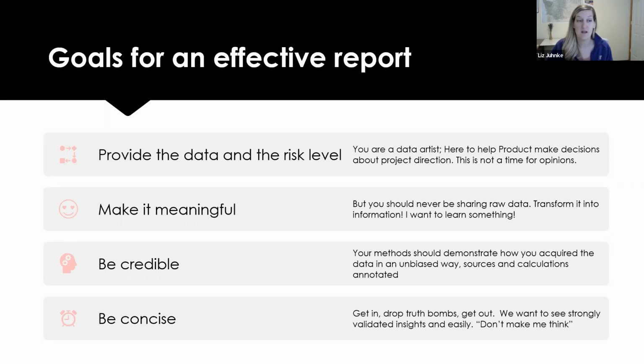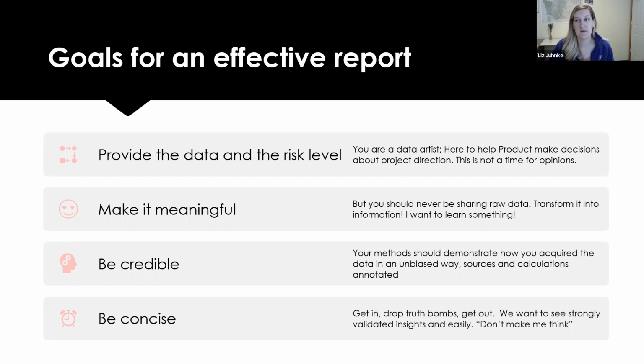I should not be seeing lots of raw data. I want to see it transformed into information and knowledge. And I really want to learn something. You need to be credible, of course. Your methods need to demonstrate how you acquired the data in an unbiased way. I want to see sources. I want to see calculations annotated.